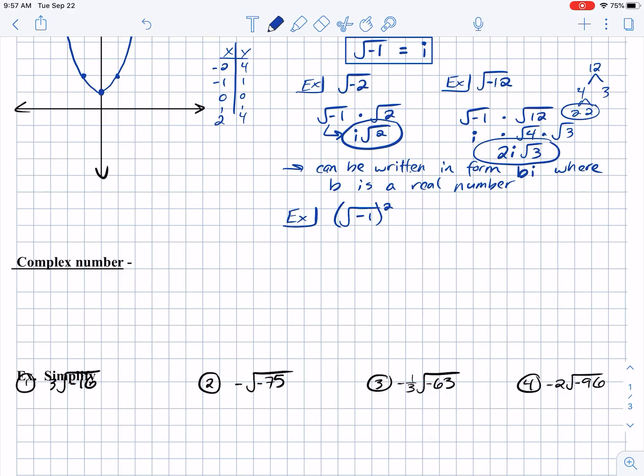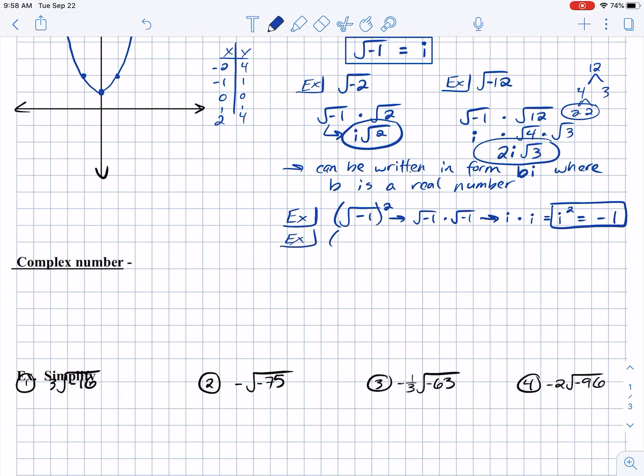But if you didn't, or we were unfamiliar with that, we could rewrite this as root -1 times root -1, which gets us i times i, which equals i squared. And that should tell you that i squared is always going to equal -1. Okay, so there's another property of our imaginary numbers. i squared will always equal -1.